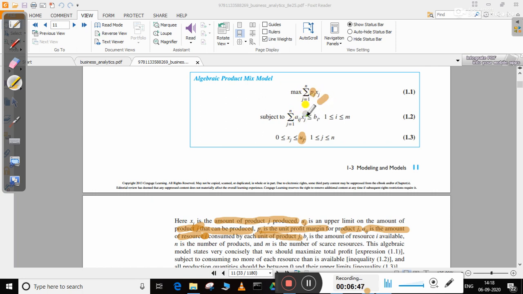So each unit of product j consumes some resources to produce it. bi is the amount of resource i available. n is the number of products, and m is the number of scarce resources present.